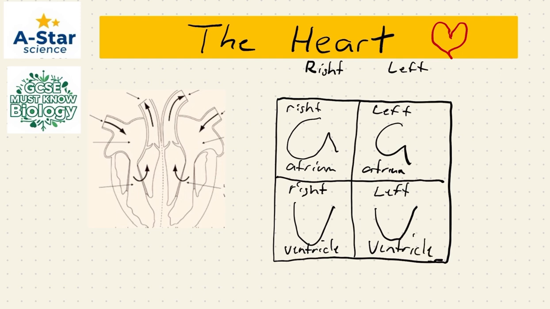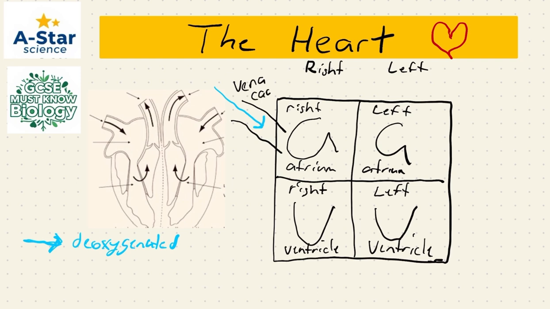Now, coming into the heart from the right is a large blood vessel. This is going to carry deoxygenated blood, which I'm putting in blue. That's the deoxygenated blood. This part of the heart is called the vena cava.